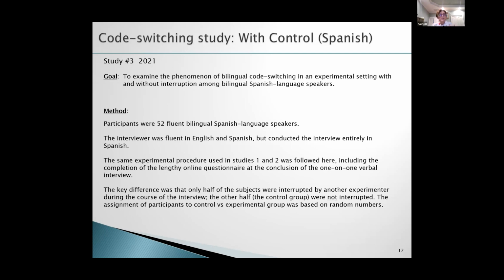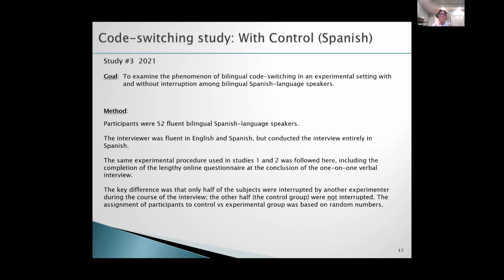The whole procedure was the same, except for one difference. At the designated time, at random, for the control group, no one would come in and the interview would continue. But for the experimental group, the experimenter would interrupt the procedure just like in the previous studies.